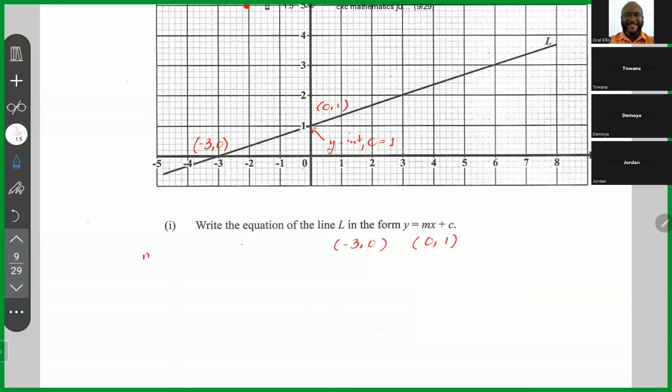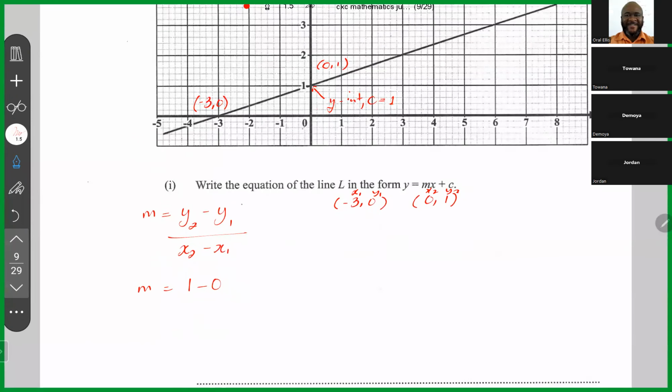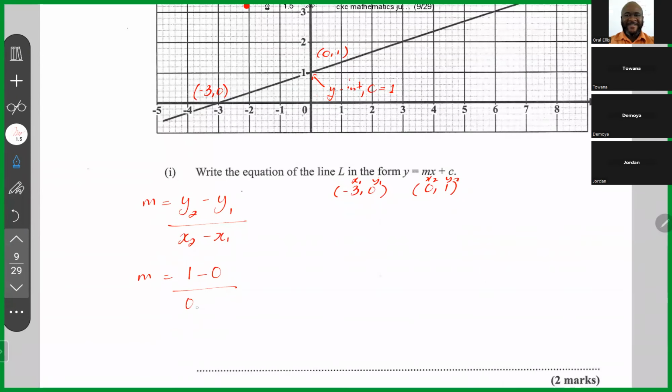So the gradient m is equal to y2 minus y1 over x2 minus x1. Let's call these x1, y1, and x2, y2. So m, the gradient, is equal to y2, which is 1, minus y1, which is 0, over x2, which is 0, minus x1, which is -3.